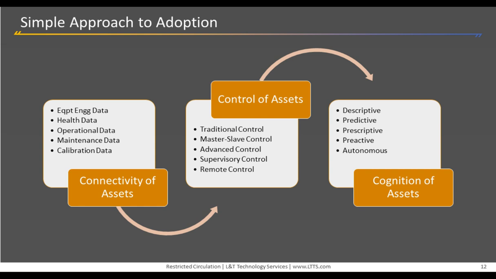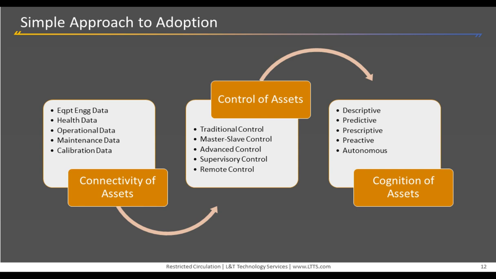That is to take care of not only the operational data but also the health data, looking at the equipment engineering data, the maintenance data, and calibration data. So if we can make sure that we gather all aspects of an asset's data, either through direct or indirect connectivity, I think the asset will be ready to be maintained appropriately.